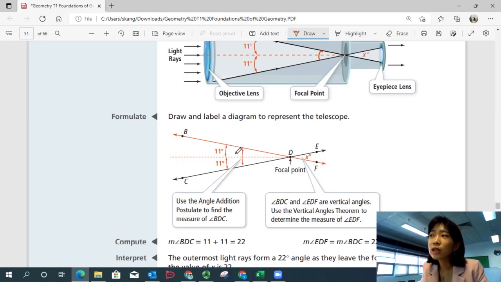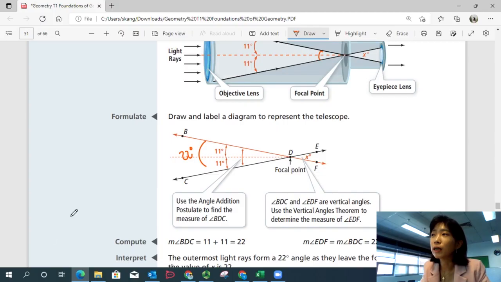You can use the angle addition postulate to find the measure of angle BDC, right, which is 22. And BDC and EDF are vertical angles because they're formed by two same lines, okay?